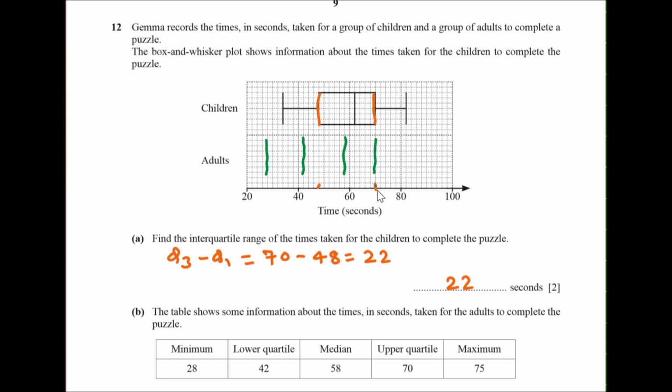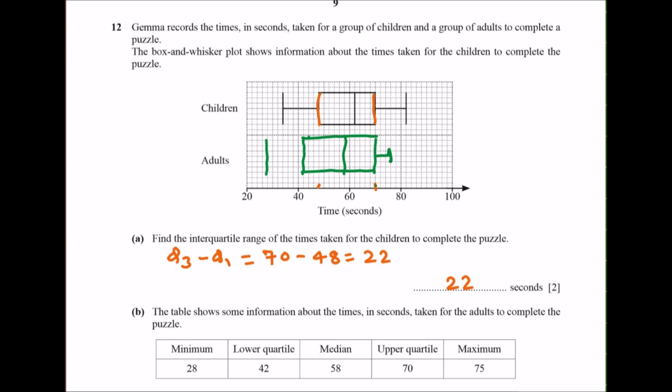Okay. Now the maximum value is 75. So between 70 and 80, that will be 2.5 line. So here. Okay. So what you need to do, you need to join them. This line will be here.